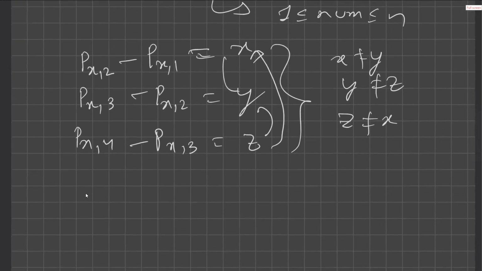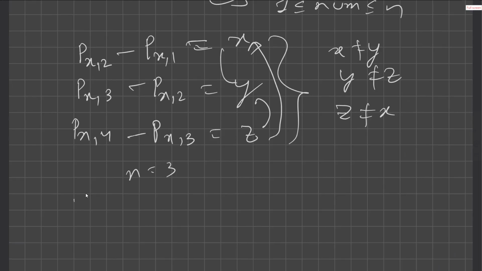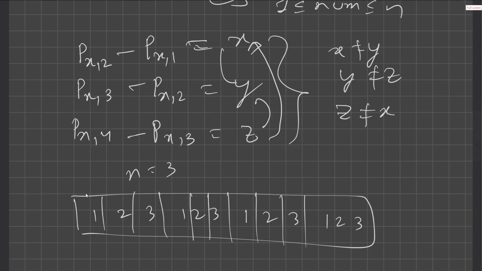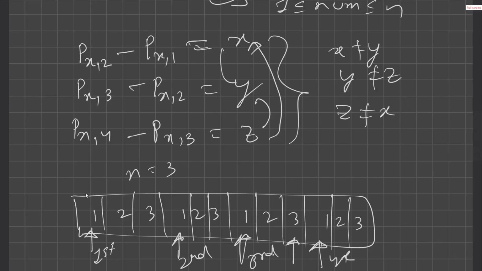Basically, if you take n equal to 3 and arrange the array elements this way, 1 2 3 1 2 3 1 2 3 1 2 3, these are the elements. Now this is the first occurrence of 1, this is the second occurrence, this is the third occurrence, and this is the fourth occurrence.